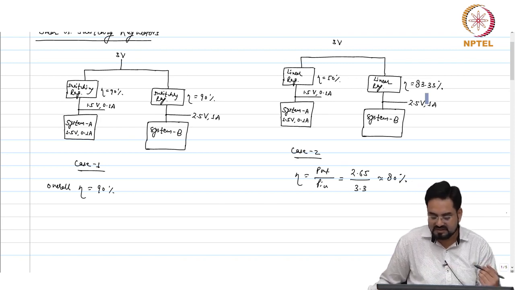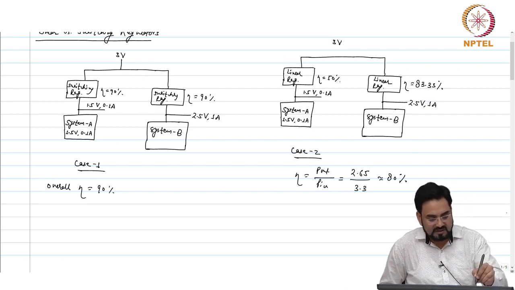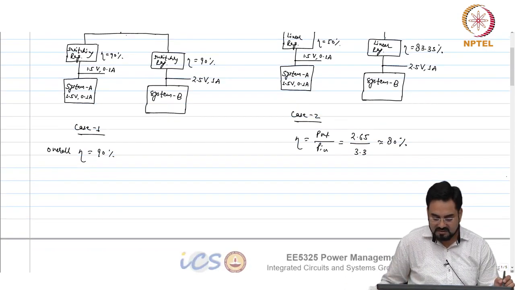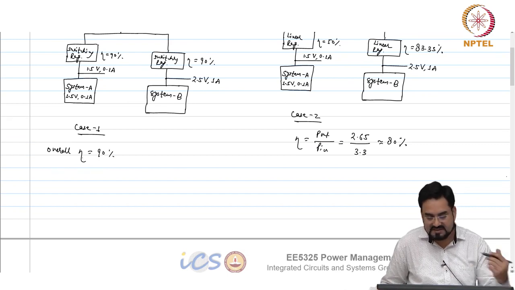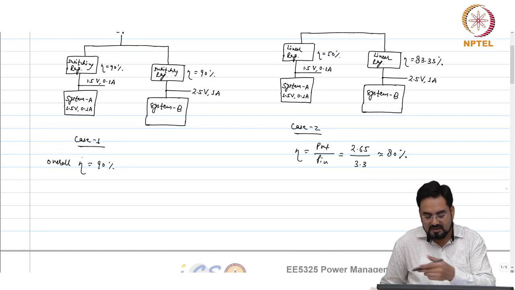So you see only a 3.3% overall drop in the efficiency, compared to the switching regulator where we see a 10% drop in the efficiency.